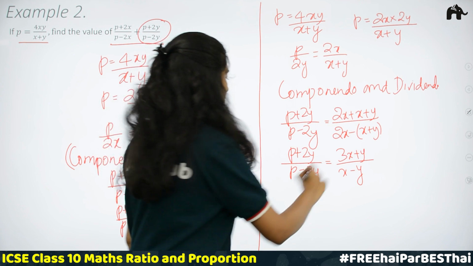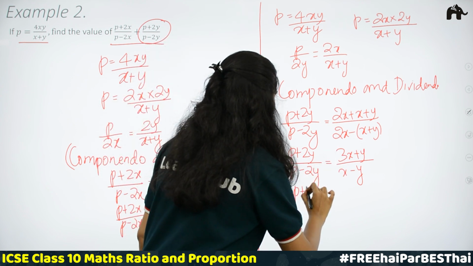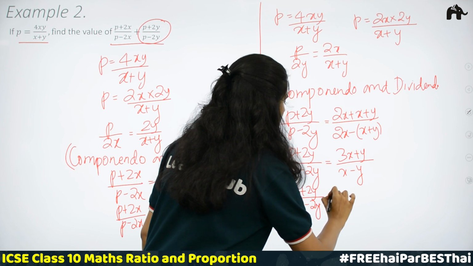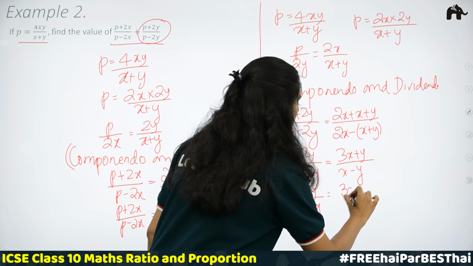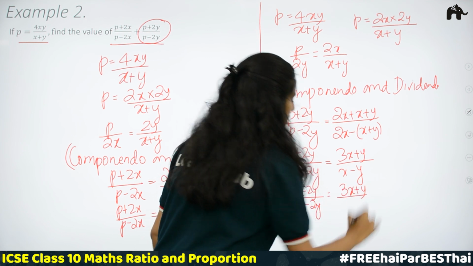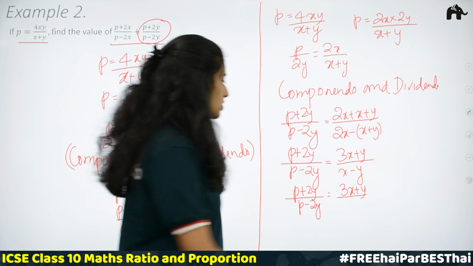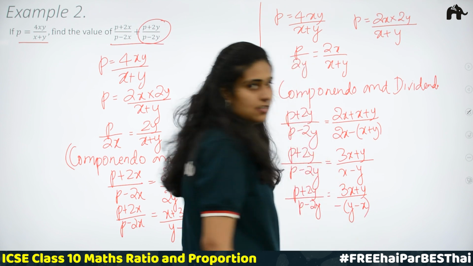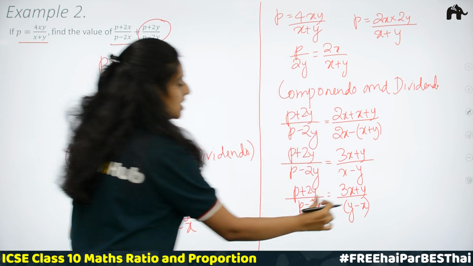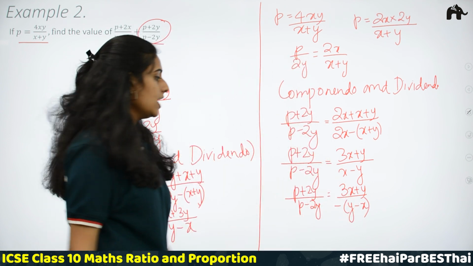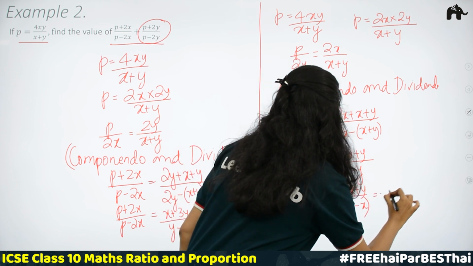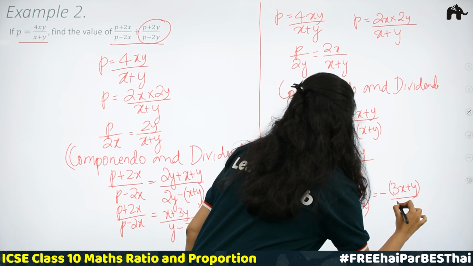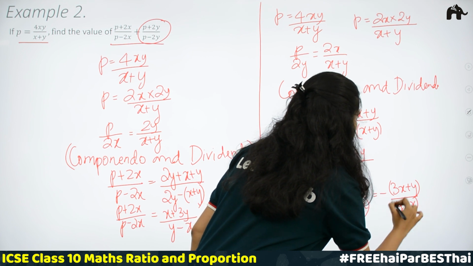Okay, this can be written as p plus 2y divided by p minus 2y is equal to 3x plus y divided by, I am taking a negative sign outside, that is minus of y minus x. To solve this, I am just taking this negative sign outside. This can be written as minus 3x plus y divided by y minus x.